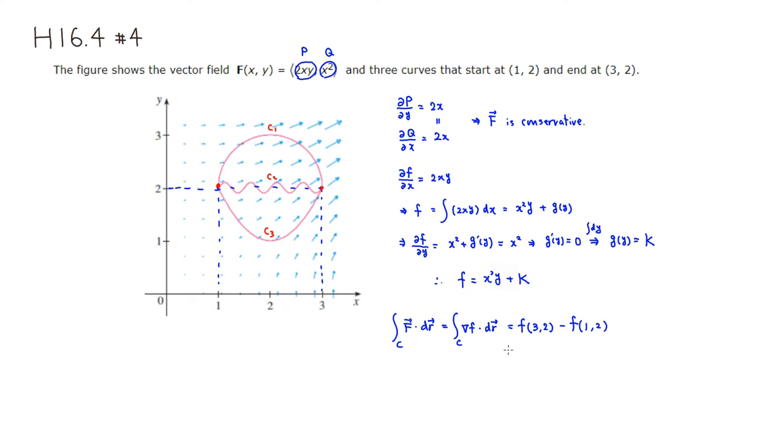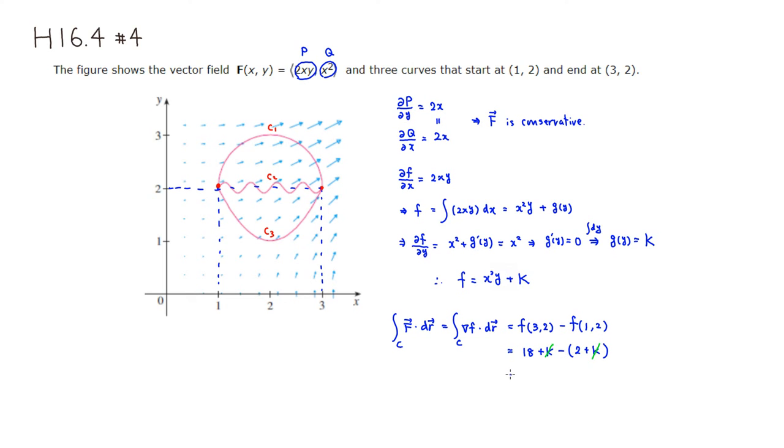Plugging in, 3 squared is 9 times 2, which is 18, and you can put plus k if you want. Minus, plugging in 1, 1 squared times 2 is 2 plus k. You can see that k really didn't matter because it cancels out.